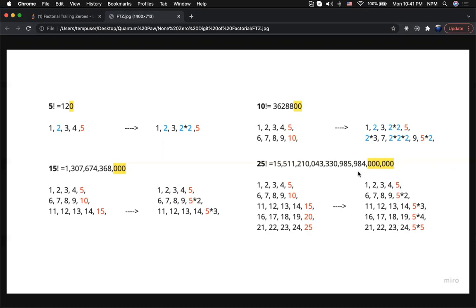For example, here, 25 divided by 5 is 5, which gives us the solution 5, right? Then, with 5 as the quotient, 5 divided by 5 equals 1, and 5 plus 1 is 6, which corresponds to the 6 zeros here. Hopefully you have a better understanding of the concept right now. Let's get to the code.